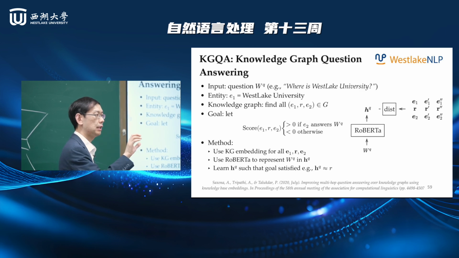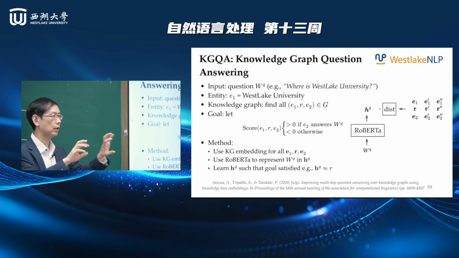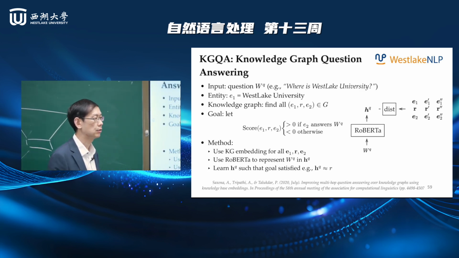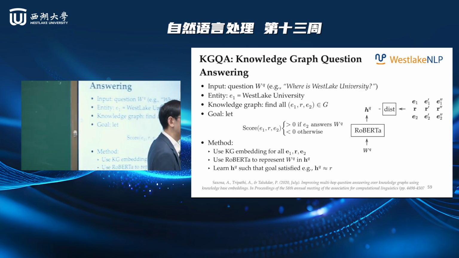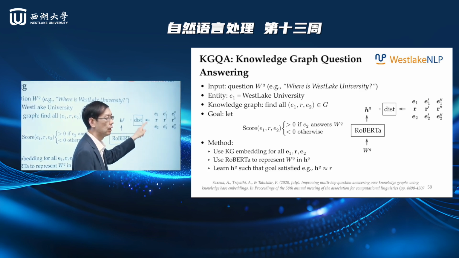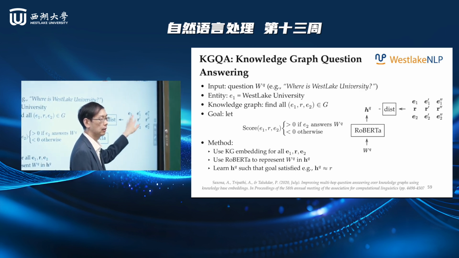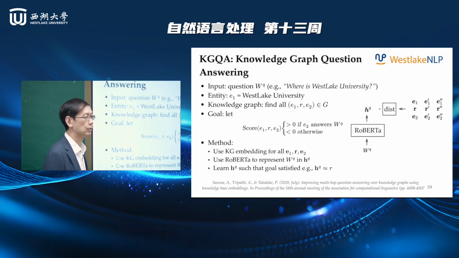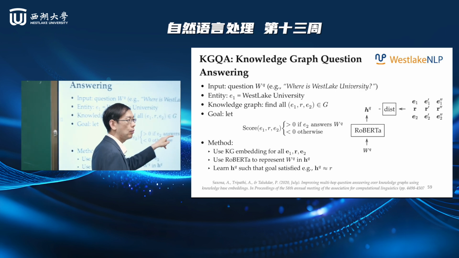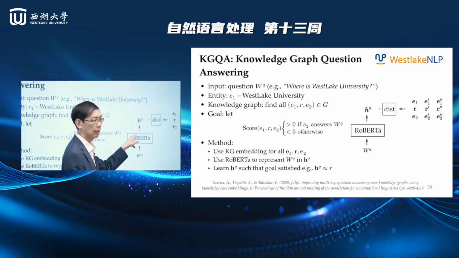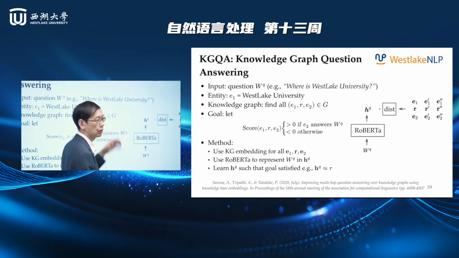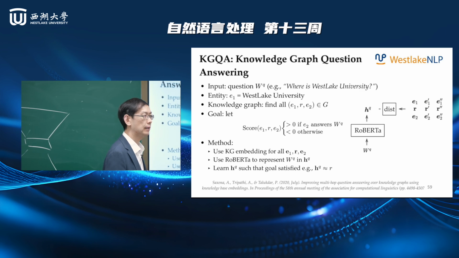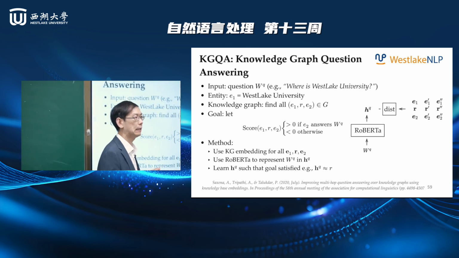And Westlake University is related to Zhejiang University, etc. So I take everything: E1, R1, E2, E1, R2, E3, E2 prime, etc. Now the task becomes, from all these neighbors, find a neighbor, R and E2, that answers the question. The E2 I want to find is Hangzhou, and R is located in.